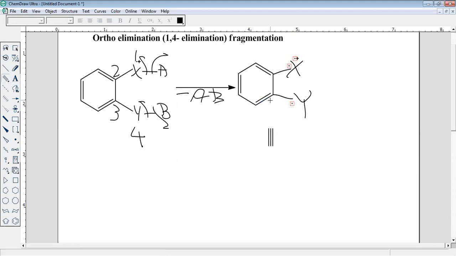See how this bond rotation takes place, and you can write it like this. I think you understand this. So here we can have Y, and here you can have X, and this radical cation will be there as it is, no problem.